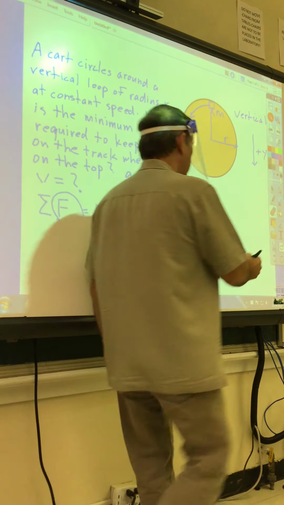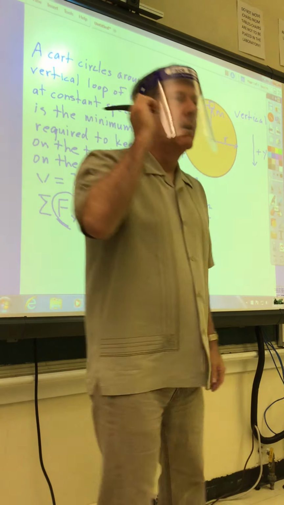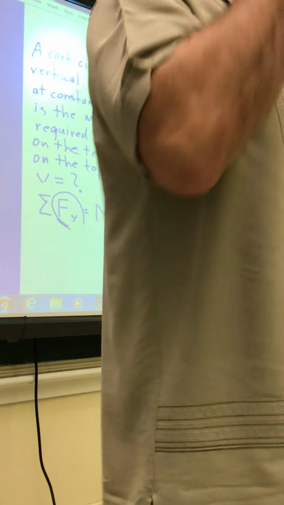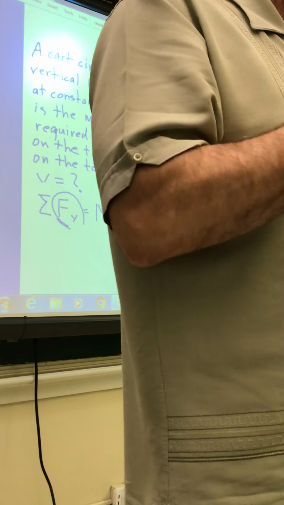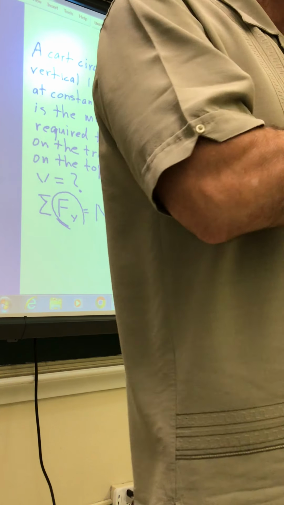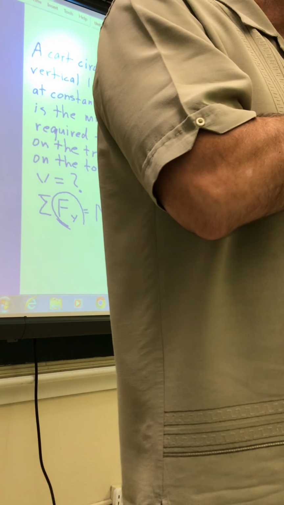Take a look at this problem. If the cart barely stays on and is about to fall off, what can we do with this expression? What equals zero?